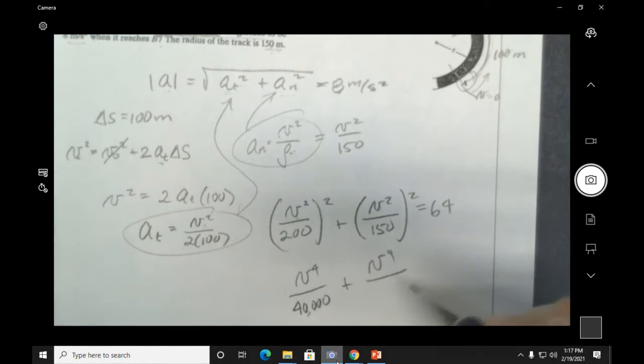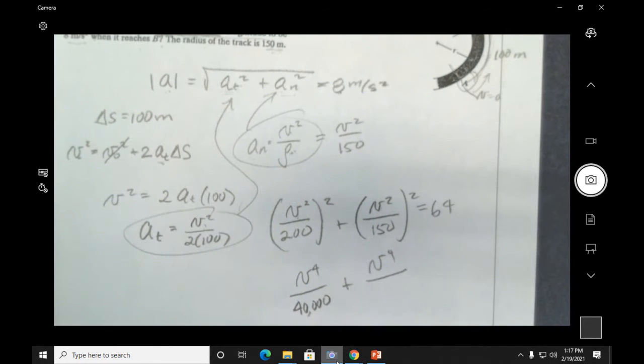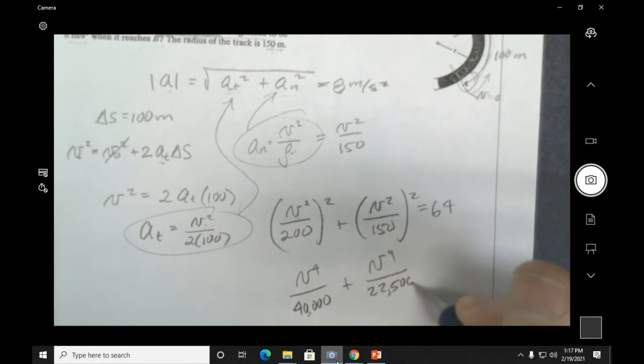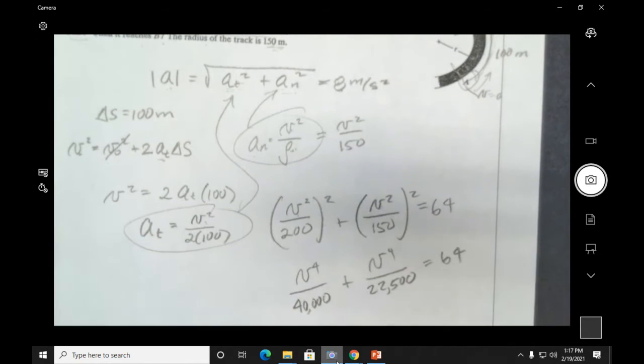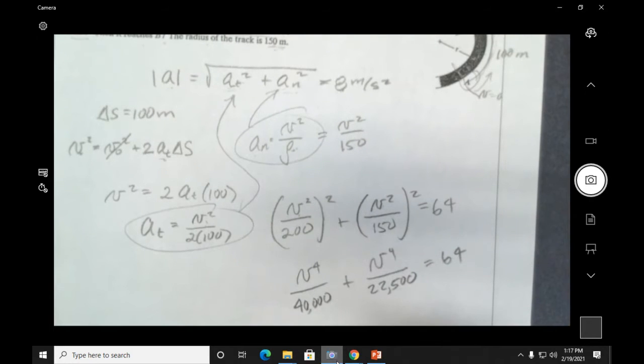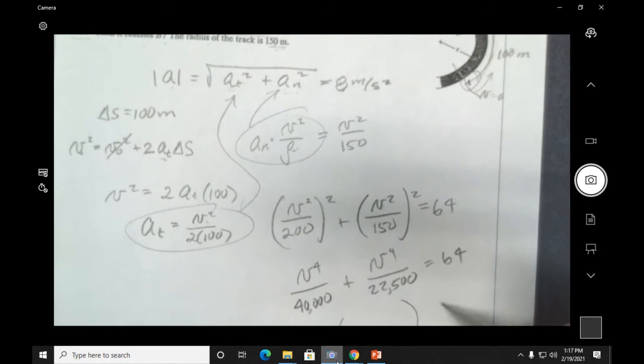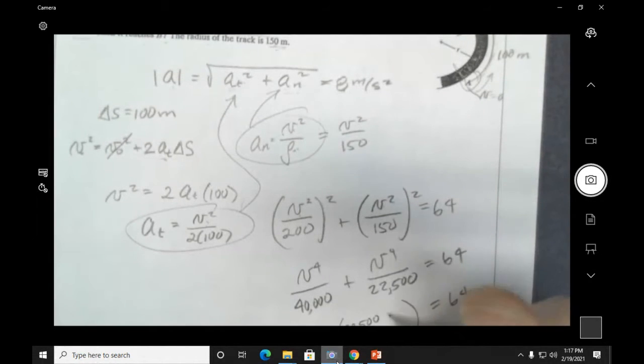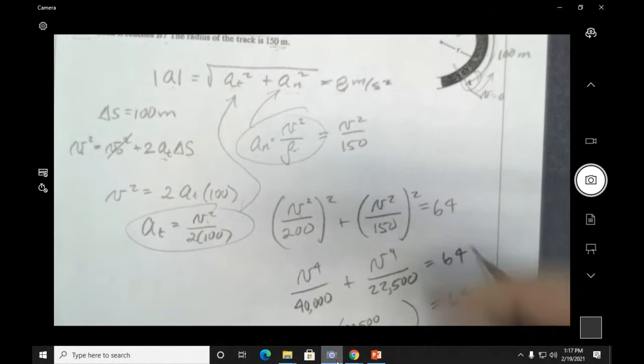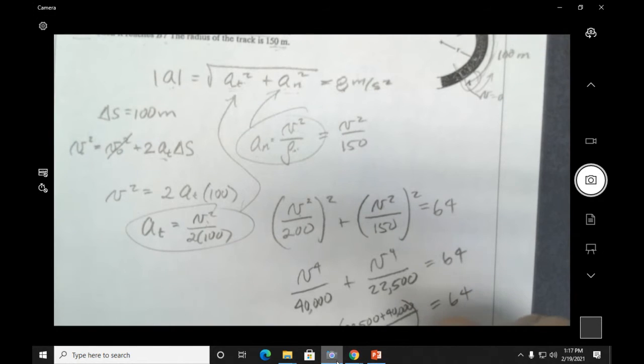200 squared is 40,000. 150 squared is 22,500. I will take my v fourth right there, and so I find the common denominator, right? It would be 22,500 plus 40,000 divided by 22,500 times 40,000.